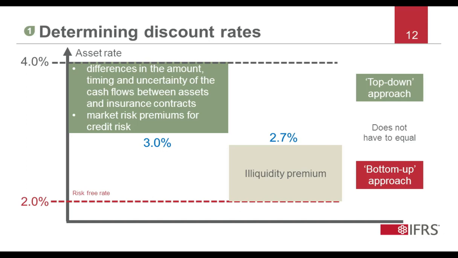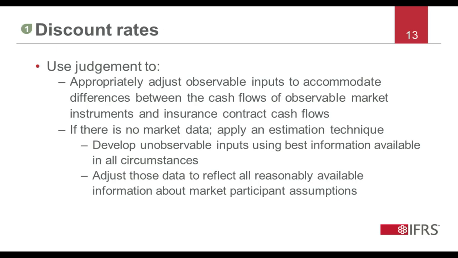What if there is little or no market data? In that case, the entity will need to use judgment to appropriately adjust observable market inputs to accommodate differences between the cash flows of the observable market instruments and the insurance contract's cash flows. However, sometimes there is no market data.